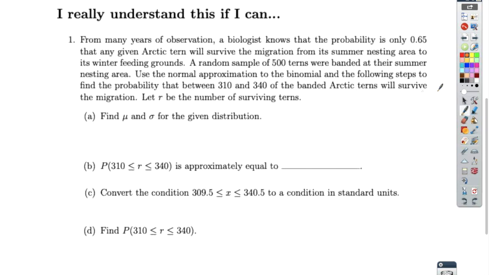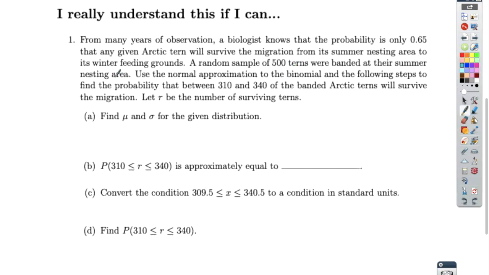So hopefully you've had a chance to try this problem. It says, for many years of observation, a biologist knows that the probability is only 0.65 that any given Arctic tern will survive the migration from its summer nesting area to its winter feeding grounds. This is a type of bird. A random sample of 500 of these birds were banded at their summer nesting area.